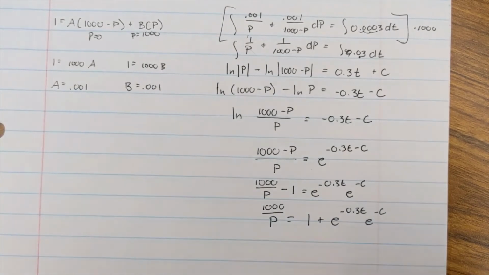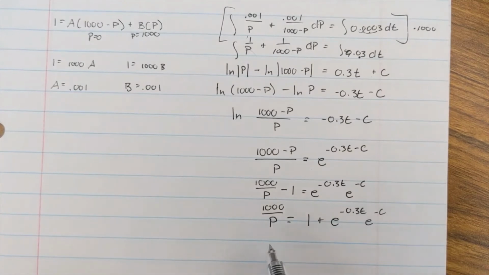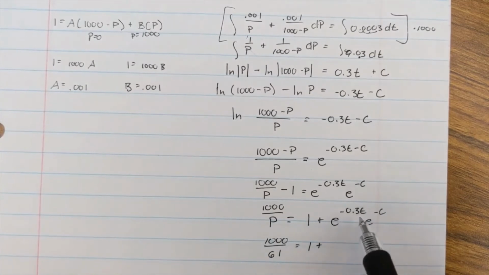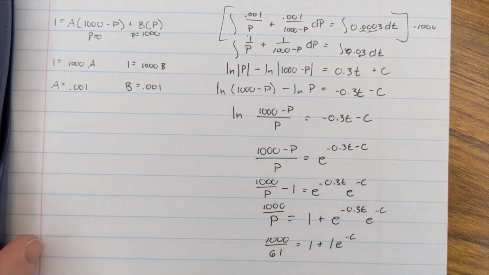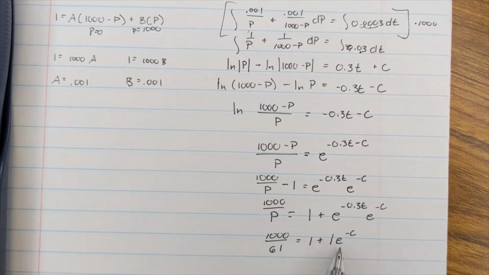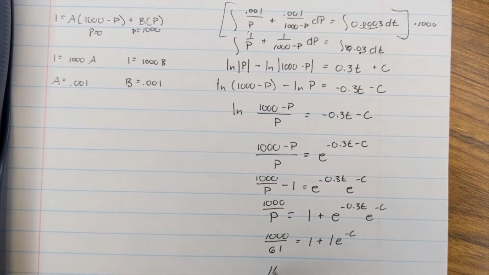So 61, this becomes 1 plus, so this becomes just 1 times e to the negative C. We're actually going to leave it in terms of e to the negative C here. So 1000 divided by 61, minus 1, we get 15.39 equals e to the negative C.